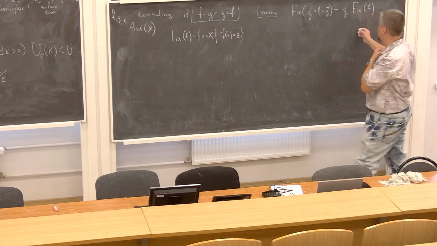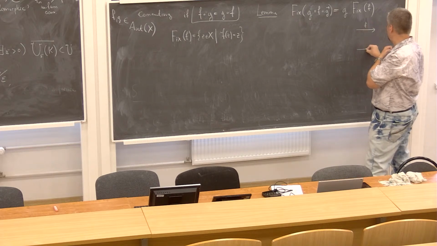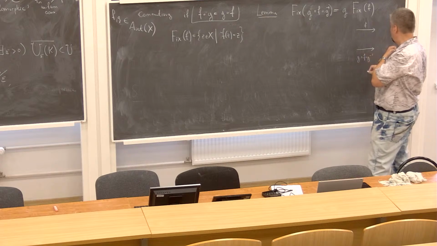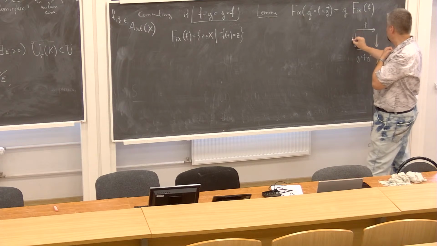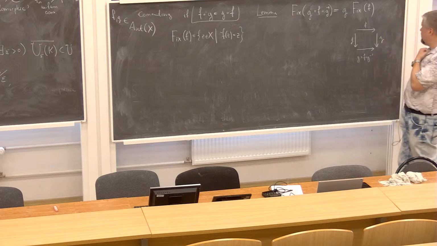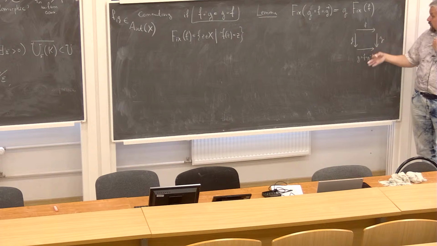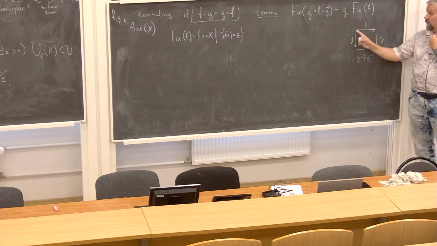Because this is the commutative diagram. So here you have f, here you have the conjugate map, g f g inverse, and here you have g, right? And everything that happens above is mapped by g to the corresponding object below. Moreover, g respects the dynamics.